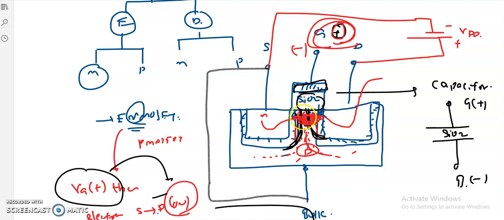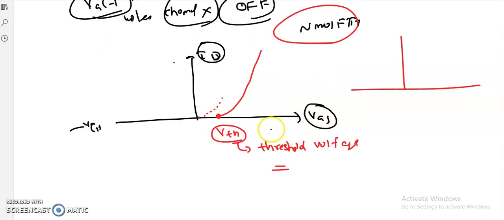Then the channel forms here in between the source and drain. So to make this happen, definitely it requires some voltage. That means the minimum gate voltage to form the channel is called as a threshold voltage. Clear? The minimum gate voltage that is required to form the channel is nothing but a threshold voltage.